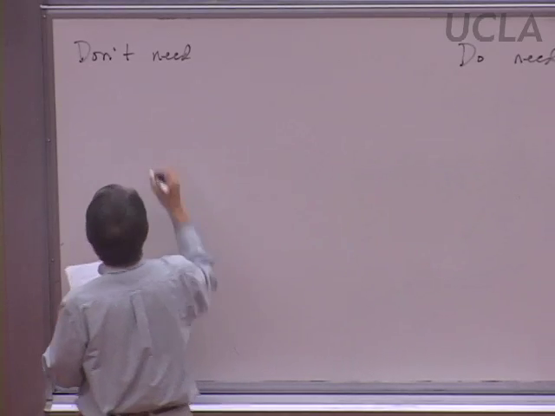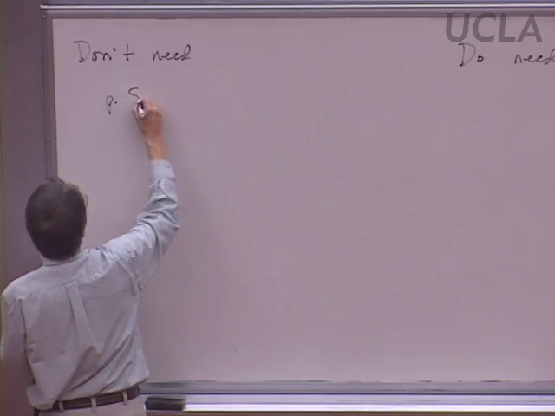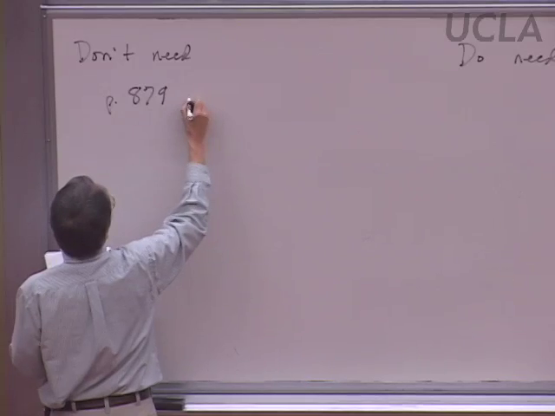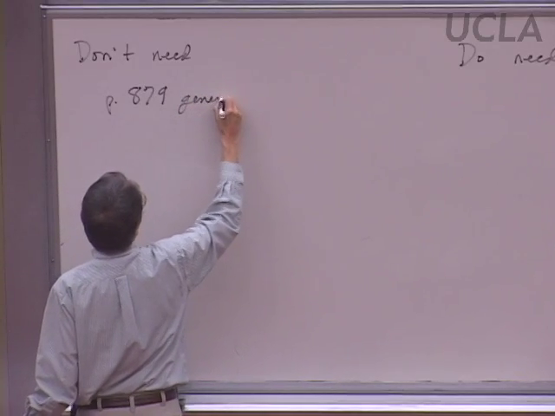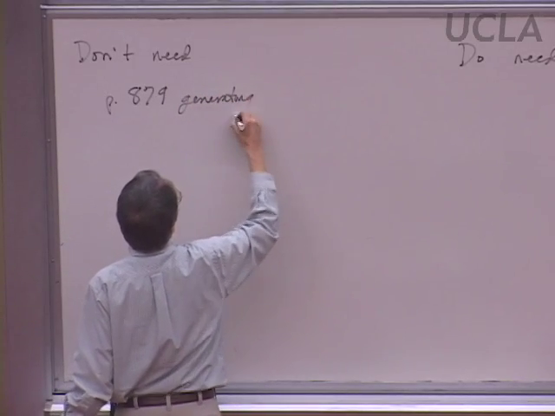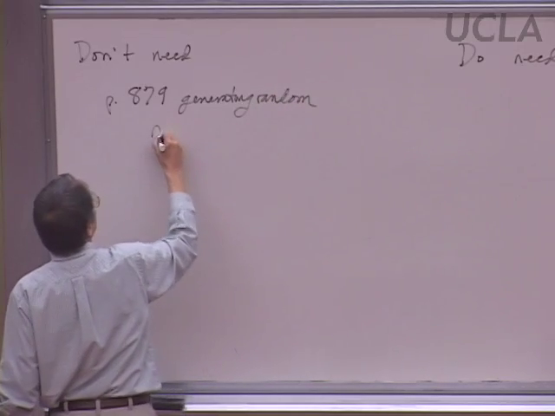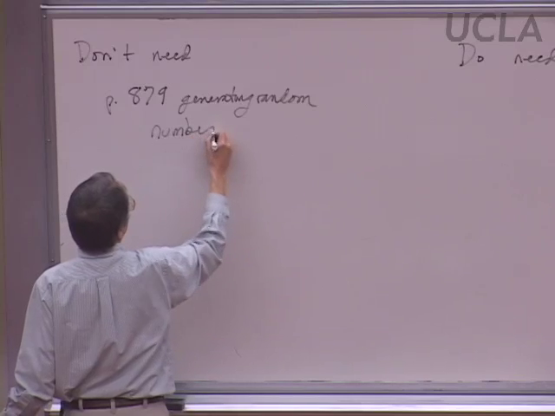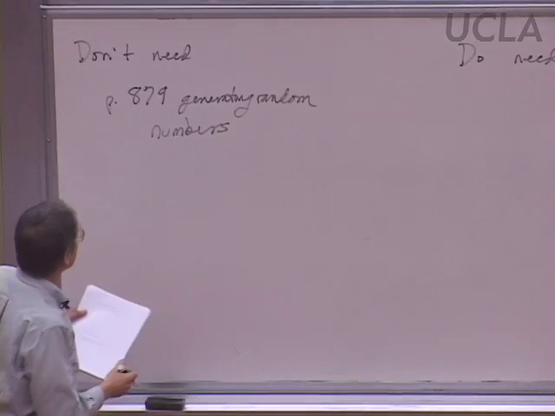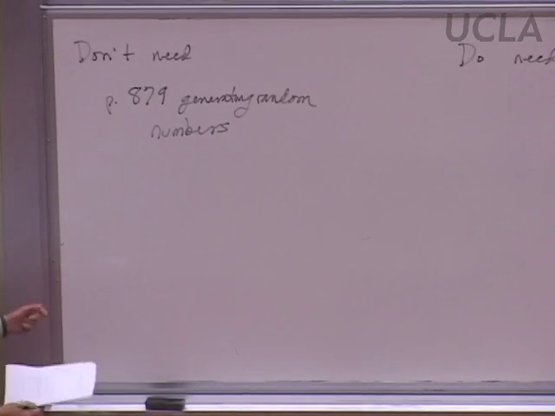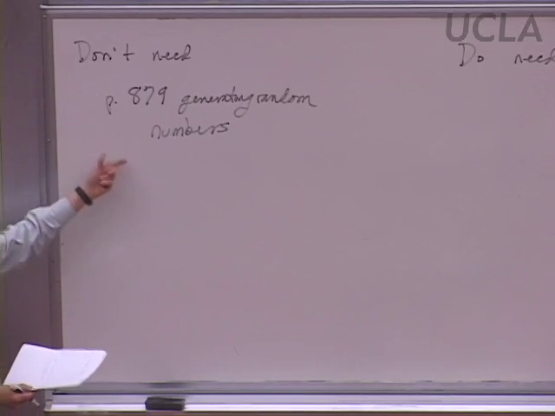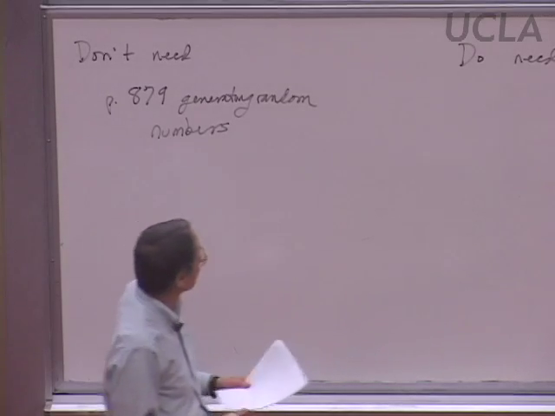It was page 879 on generating random numbers. So we have ignored that topic. Let's continue to ignore it. It's pretty specialized. Besides, computer programs do this much better.